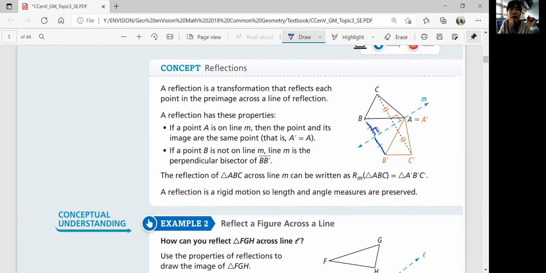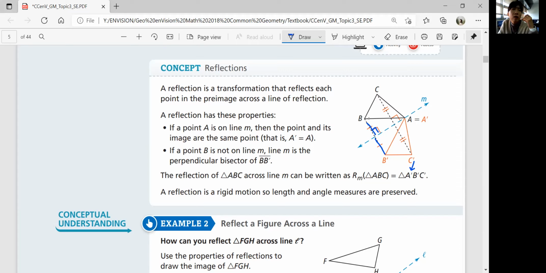Okay, the reflection of triangle ABC across line M can be written as R sub M of triangle ABC is equal to triangle A prime, B prime, C prime. Whatever point that's after the reflection or any transformation will be notated as prime.